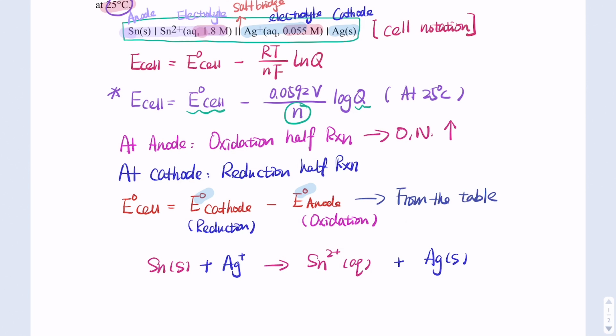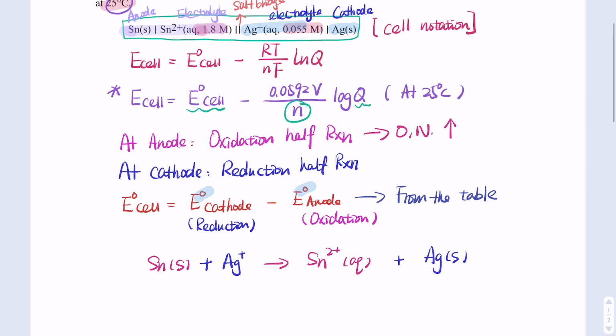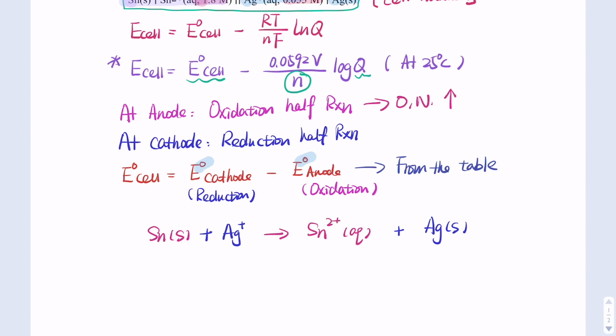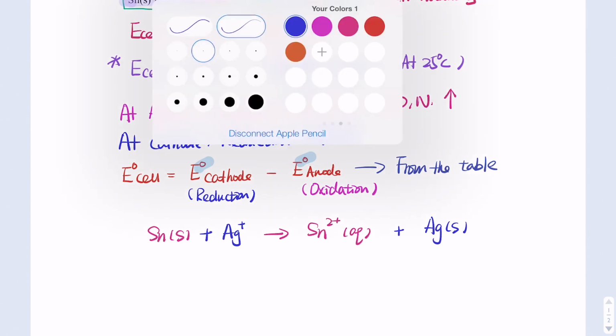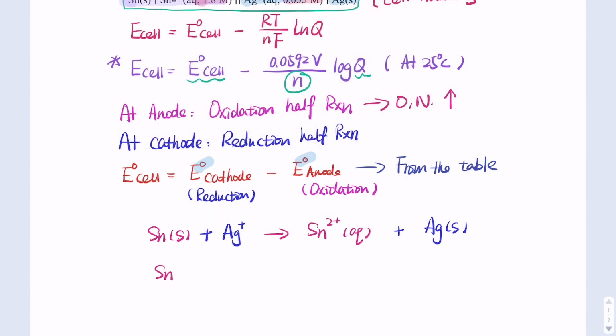Of course we need to make sure this reaction itself is balanced. So one more time, let's write out the half reactions. This is the overall reaction, but the half reactions will be like this. So you have tin, this is your oxidation half. Tin turns into tin ion, and we know for the oxidation half reaction the electrons are part of the products, so that's why we have lost electrons.